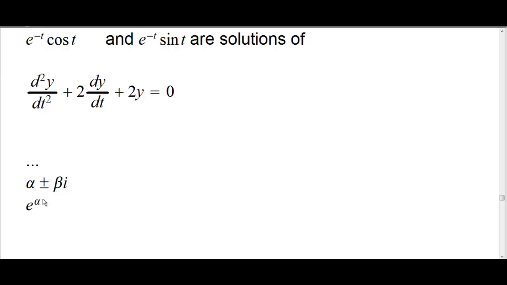So if my independent variable is t, one solution is who? e to the alpha t times cosine beta t, and the other one is who? And you don't have to show me all that story, okay? Am I clear? Okay, so you can recognize right from there that these two are linearly independent solutions of that differential equation, right? And that makes life very easy.